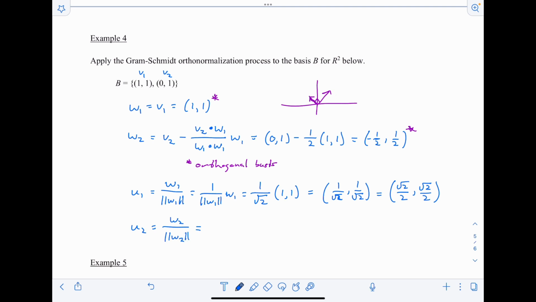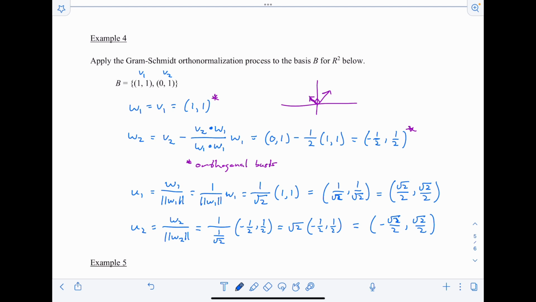And that is going to give us 1 divided by the magnitude, which is 1/4 plus 1/4, 1 over the square root of 2, times the vector negative 1/2, 1/2, which is the same as square root of 2 times negative 1/2, 1/2, or negative root 2 over 2, root 2 over 2.